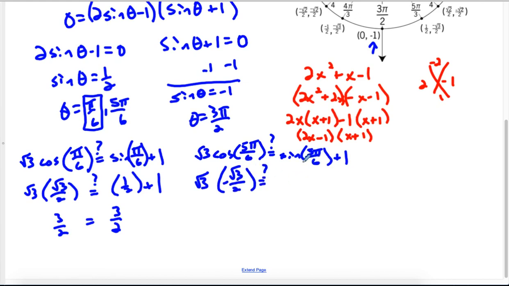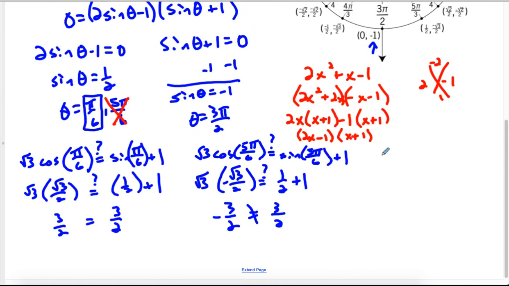The sine of 5 pi over 6 is 1/2. So here we would end up with negative 3/2. Here we would end up with positive 3/2. Those are not equal. That means that 5 pi over 6 is an extraneous solution. Right? That is not one of my answers.